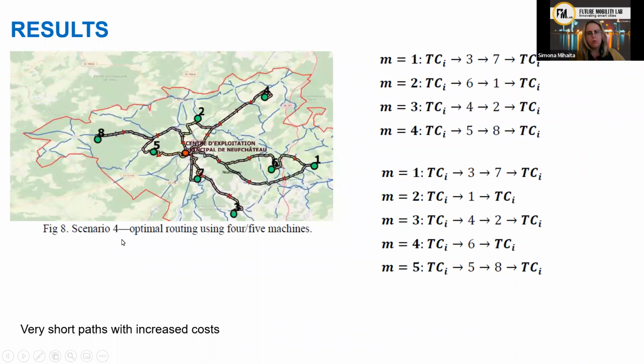What is happening with scenarios 4 and 5? They're very similar, so that's why I didn't put another schema. Why is that? Basically, when you start adding more and more machines, they will all be responsible for delivering very short distances and short clusters. So, for example, machine 1 will go from the center to 3, 7, and back, or 6, 1, and back, or 4, 2, and back, and so on.